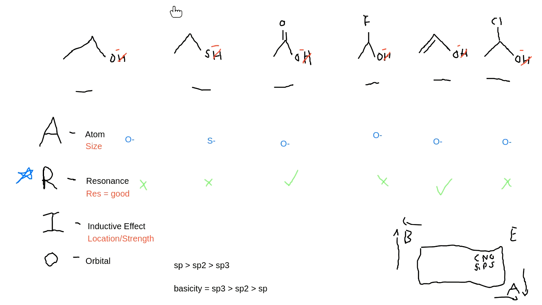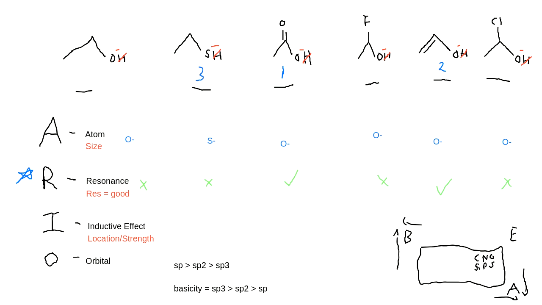So our answer is going to be 1 here and 2 there. Next, we have 4 more molecules left and we have to figure out everything else. Before we get into inductive effect, we can look at atom again. Out of our remaining four, this is the biggest in size, so this one becomes number 3.